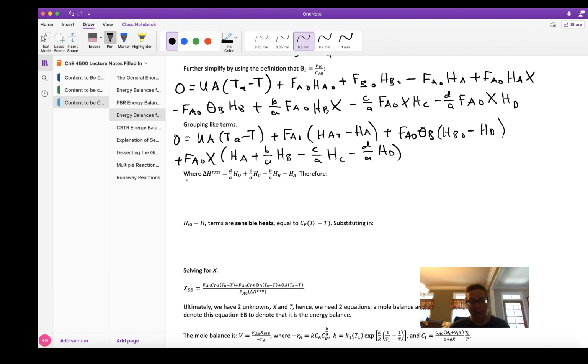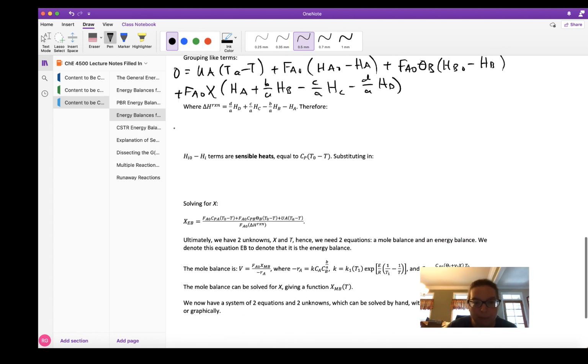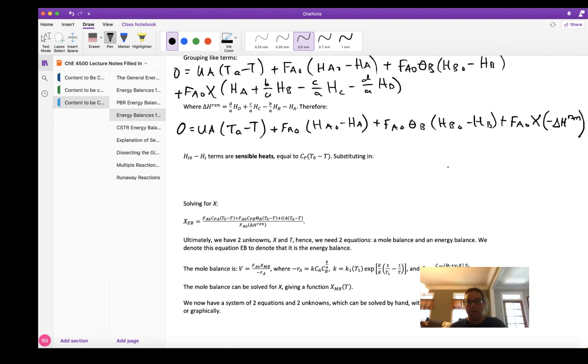So again, just like in the case of the tubular reactor, this heat of reaction term falls out. And so whenever I'm taking an energy balance on a chemical reactor, I want this heat of reaction term to fall out. If it doesn't happen, that probably means I've done something incorrectly along the way. So therefore, I can simplify the energy balance equation. So now I have this heat of reaction term here.